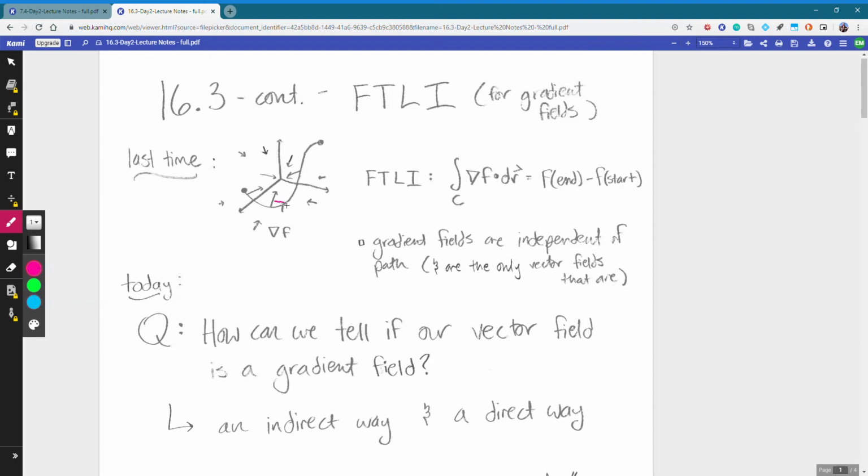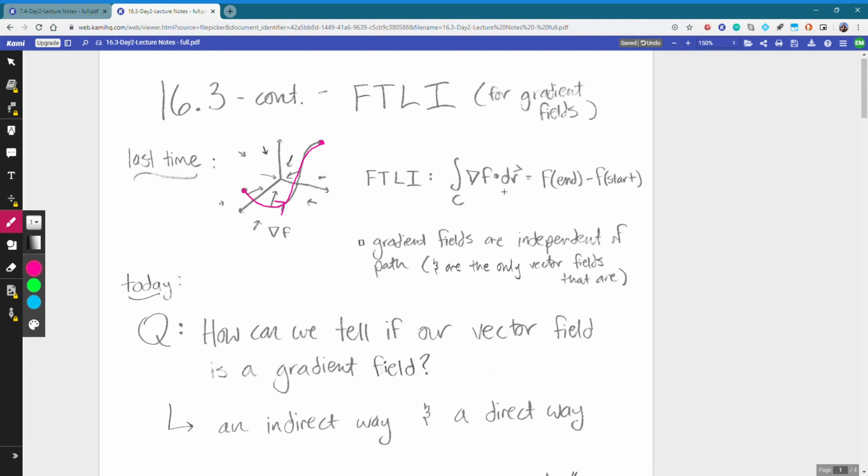And so here our curve is parameterized in some direction here. All right, so just like with FTC2, we get the net change in f as the value of our integral.